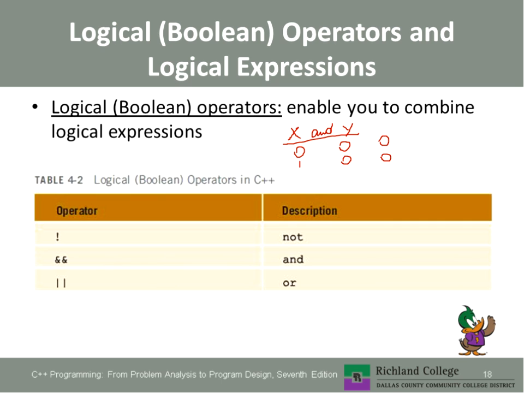If x is 1 and y is 0, the result is 0. If x is 0 and y is 1, the result is 0. If x is 1 and y is 1, then the result is 1. So you're looking at the two operands on either side of the operator, and the two operands are already Booleans, and that's why it's called a Boolean operator.